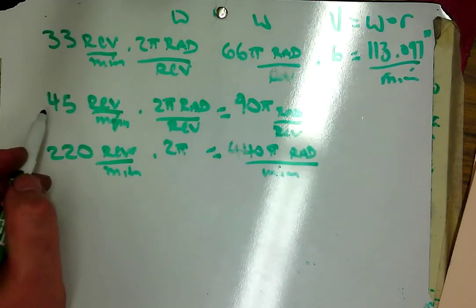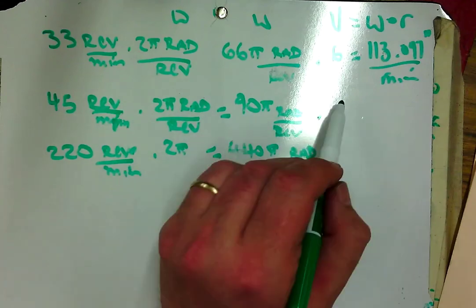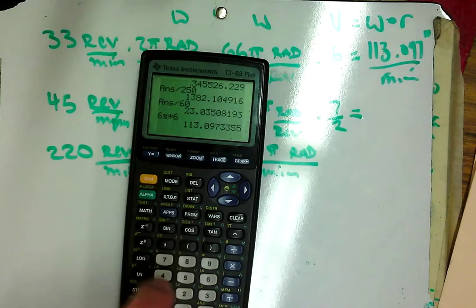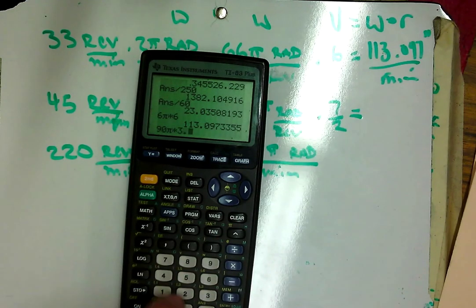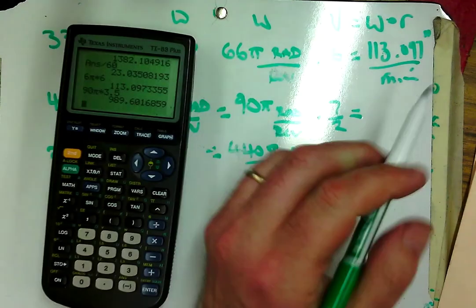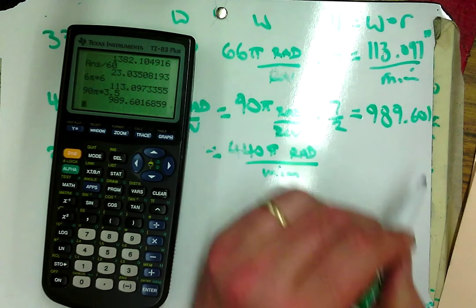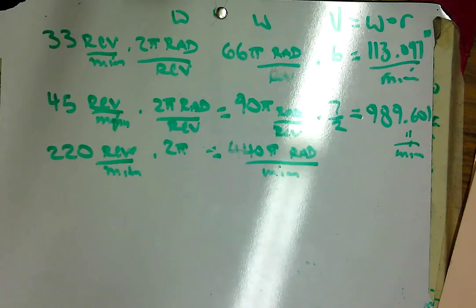The 45, that was smaller, had a 7-inch diameter. So we want to multiply this number by half of 7. So 90 pi times 3.5, and we get 989.601 inches per minute, much faster.